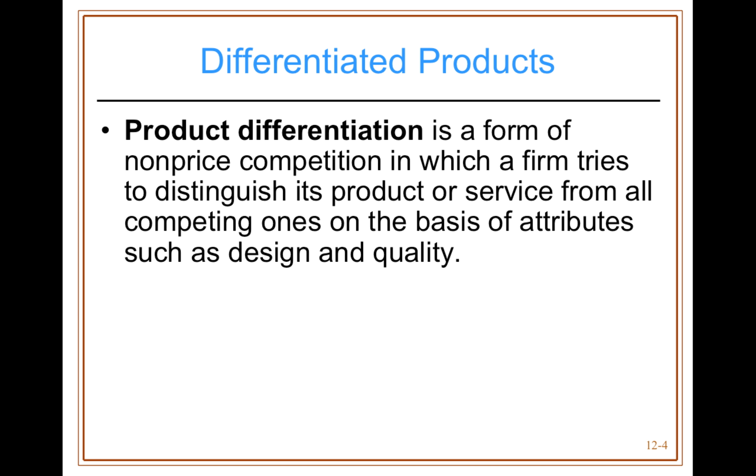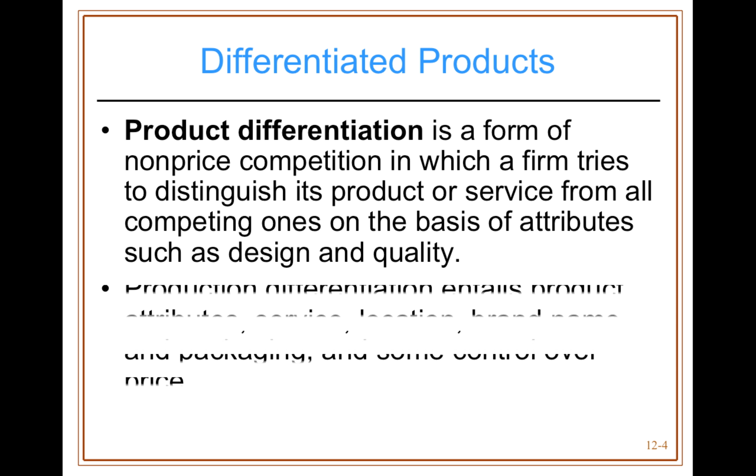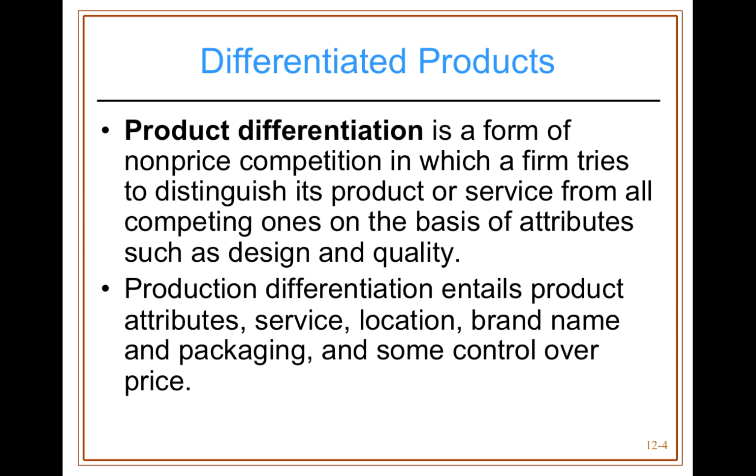So let's stick with differentiated products. This is a form of non-price competition in which a firm tries to distinguish its product or service from competing ones on the basis of attributes such as design or the quality. So it's going to entail looking at product attributes, the service, location, the brand name, the packaging, and some control over the price.